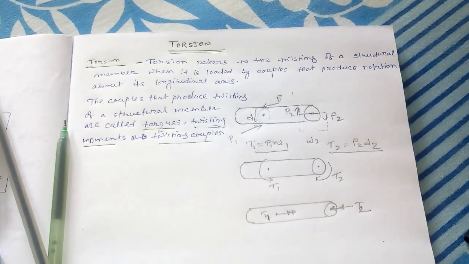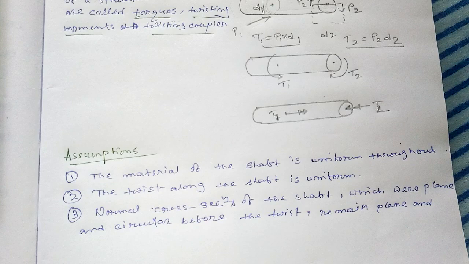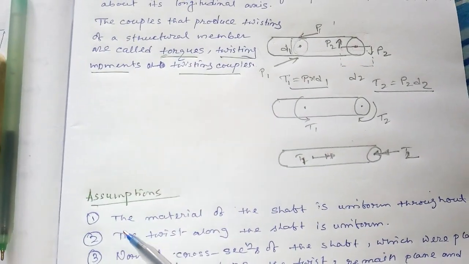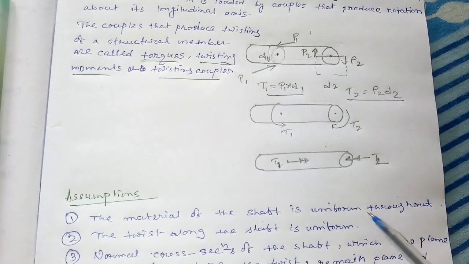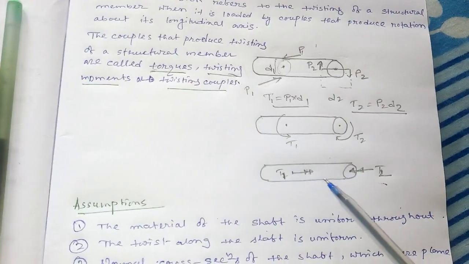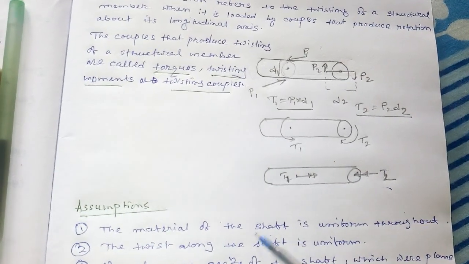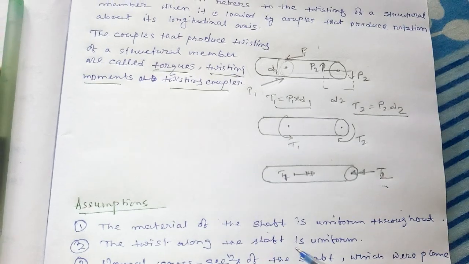Now we will discuss some assumptions. The first assumption is that the material of the shaft is uniform throughout. That means the material is homogeneous, right? The second one is that the twist along the shaft is uniform.